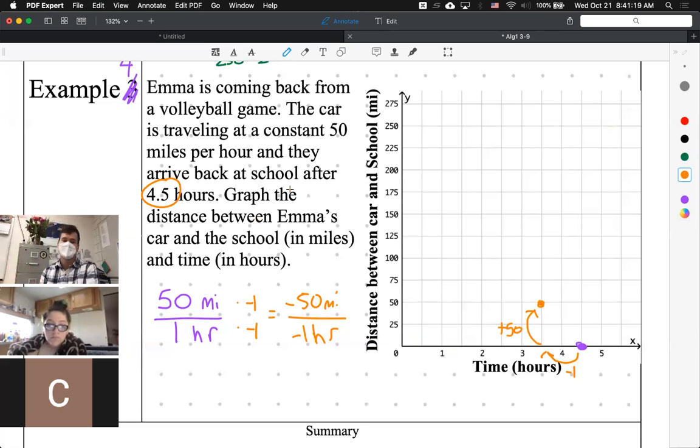When I return to school, that means my distance between the car and the school is 0. So that's the point that represents after 4.5 hours, I am back at the school. So slope is good, but the intercept was off for yours.